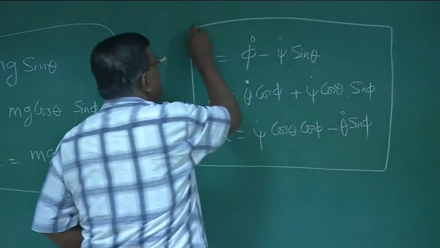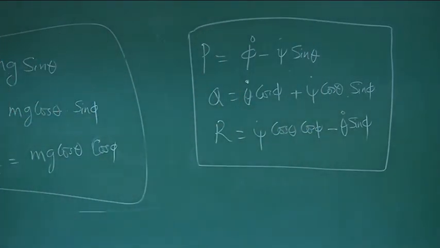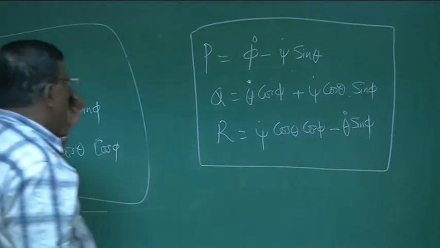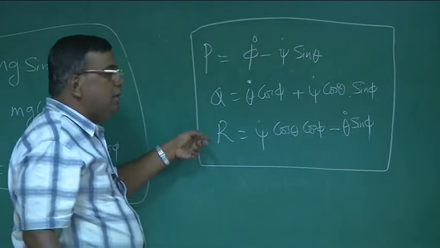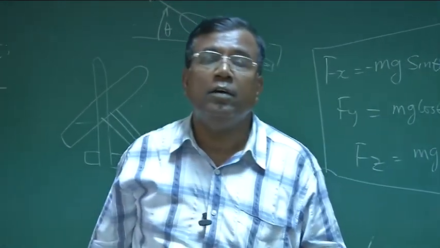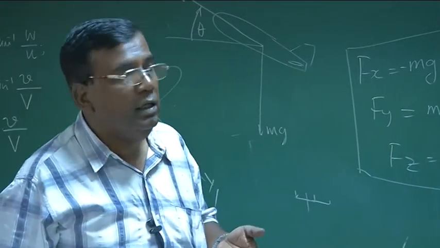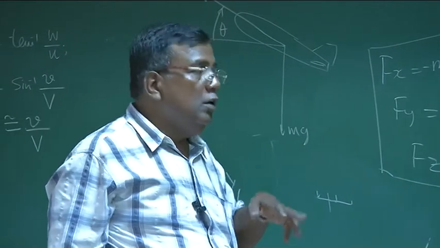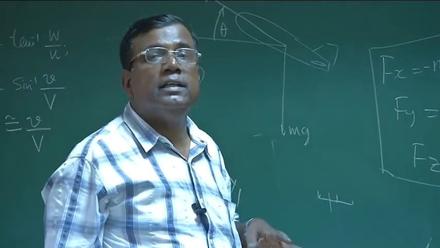I am not deriving this, but we'll make a physical interpretation of this. What are PQR? PQR are the components of angular velocity of the airplane, or the frame fixed to the body, resolved along the local x, y, z directions.